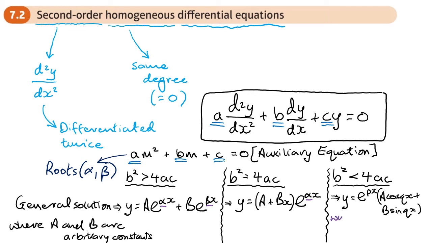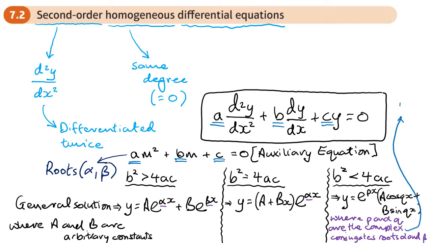So p and q just denote the fact that they're part of the complex roots. Basically it's going to be p plus qi or p minus qi.